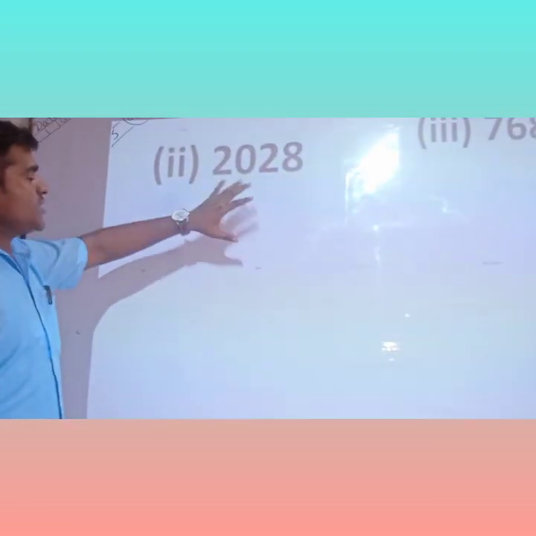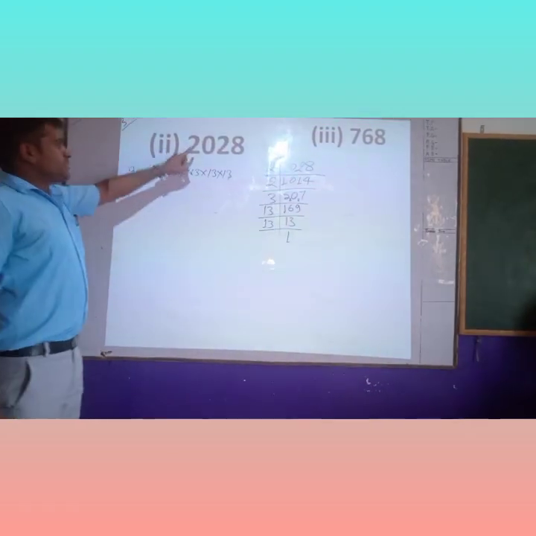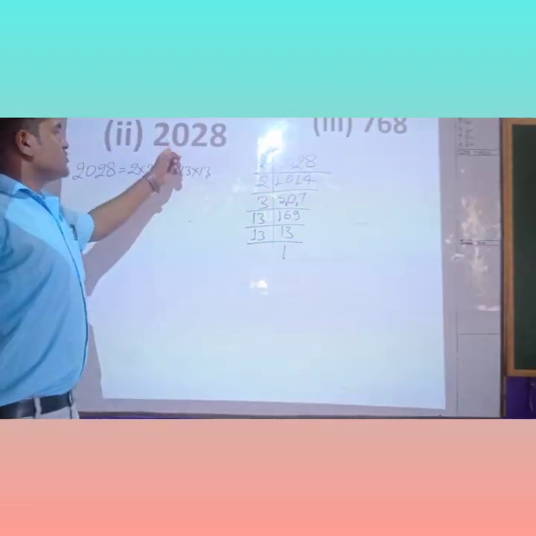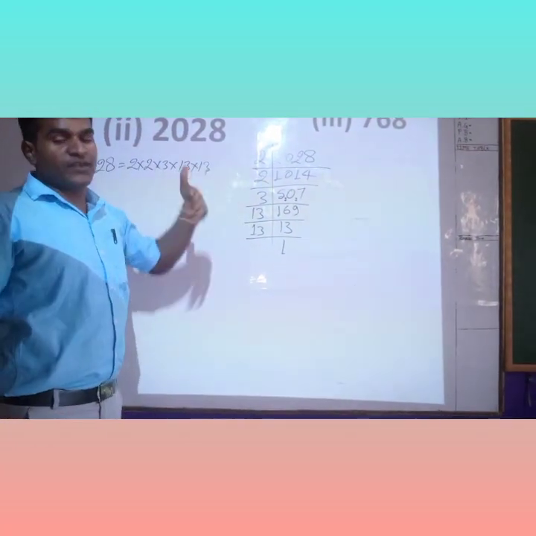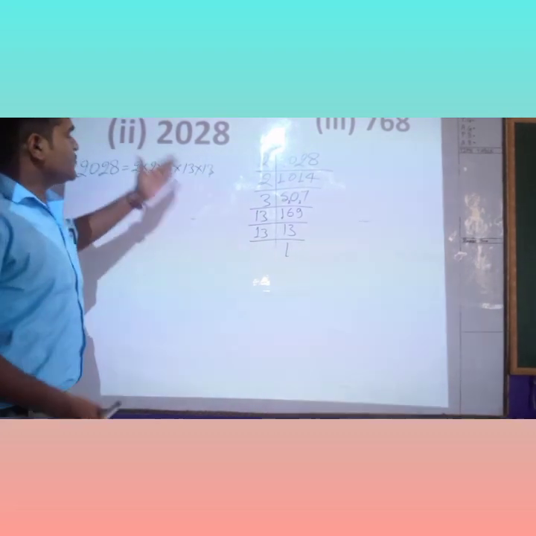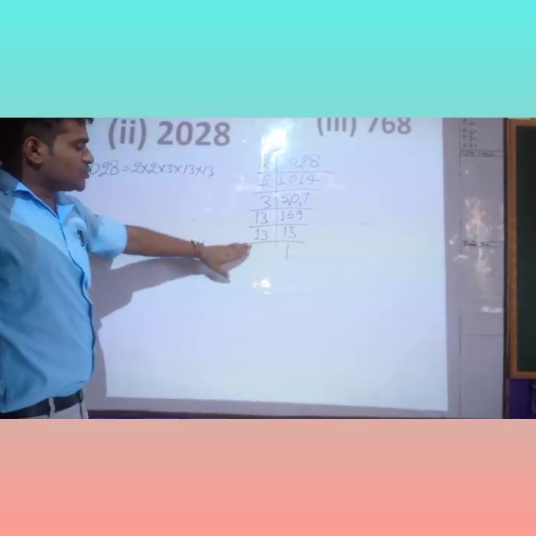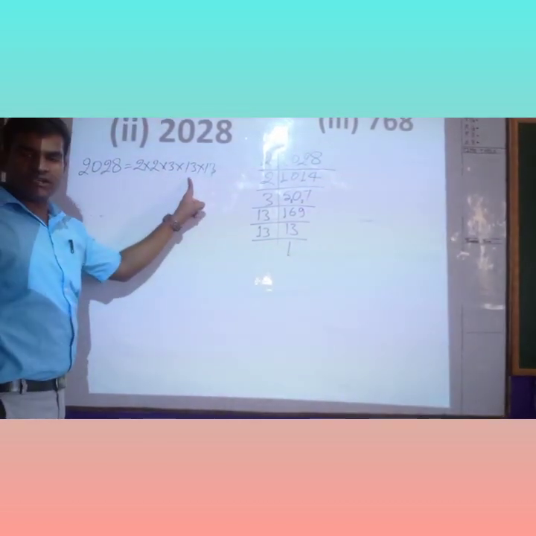Second question, 2028. First we will find the prime factors of 2028. We need to find by which number 2028 should be multiplied to become a perfect square. The prime factors of 2028 are 2 into 2 into 3 into 13 into 13.